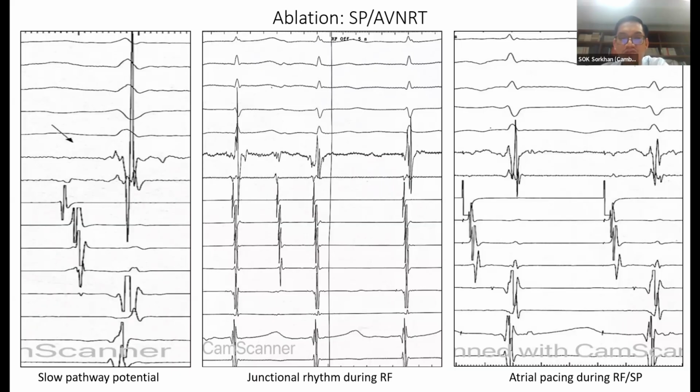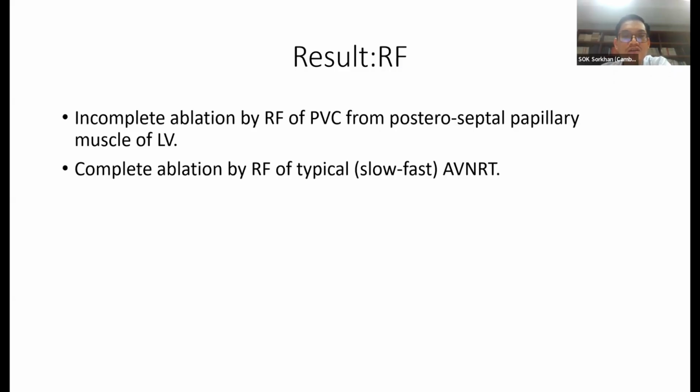We pressed again and again, and we don't have any A jump yet. So after the procedure, we had a complete ablation of the slow pathway for AVNRT, but we could not completely ablate the PVC from the posterior papillary muscle of the LV.